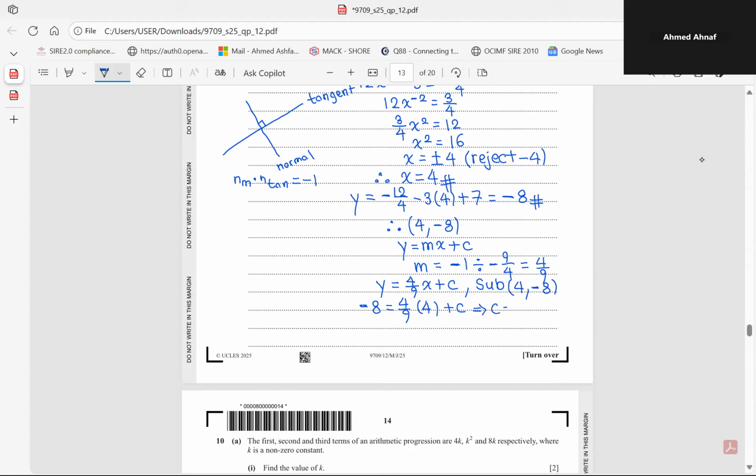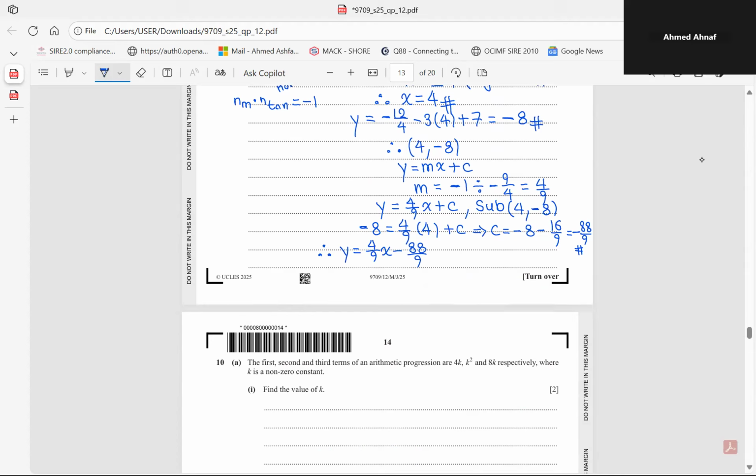Hence, c would be minus 8 minus 16 over 9, that's minus 88 over 9. Hence, our final answer is y equals 4 over 9 x minus 88 over 9.